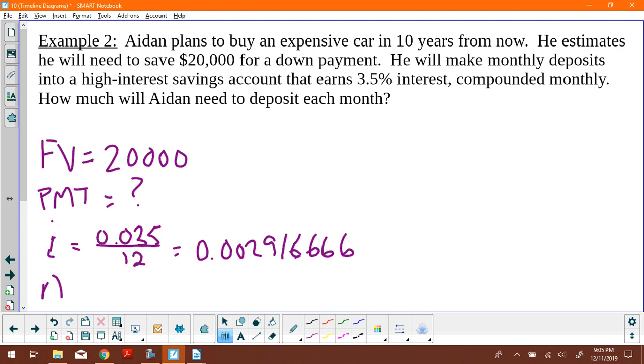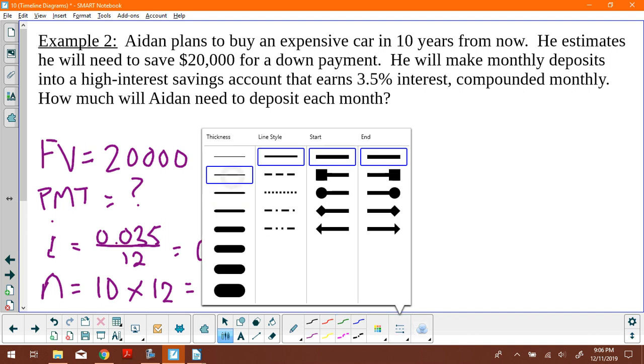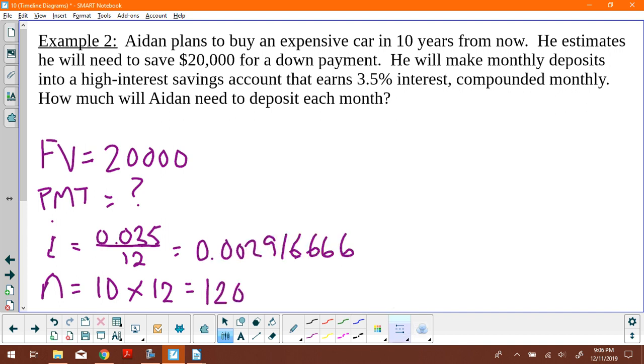Finally for N, this is 10 years, and it's 12 times per year, so it's going to be 120. Now let's start filling in the formula and see what we can do. Our future value is $20,000, so that goes in where FV was. We're looking for our payment, PMT.